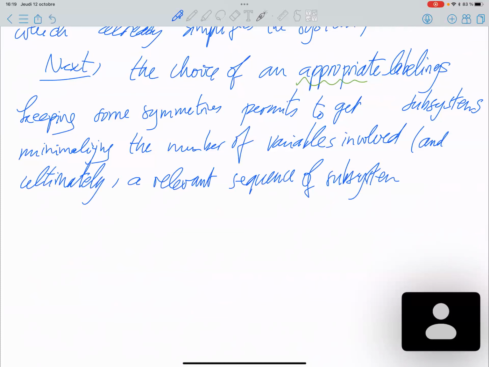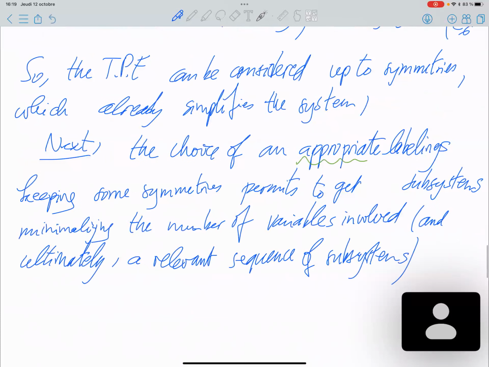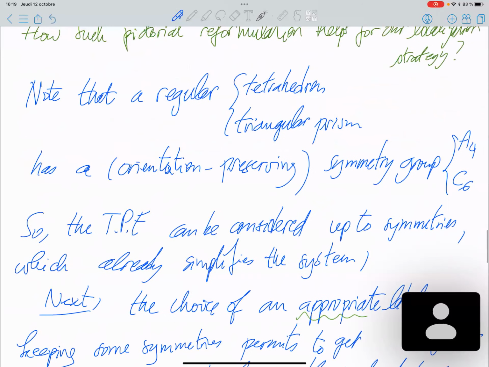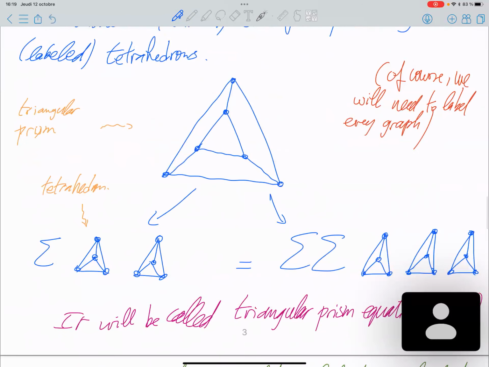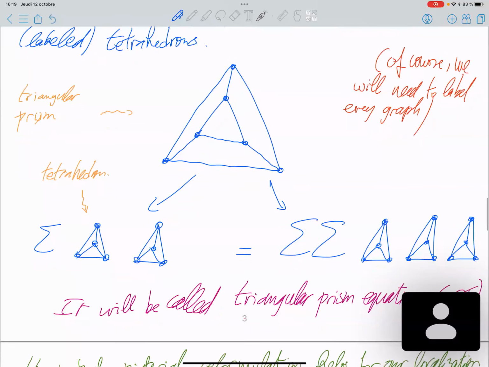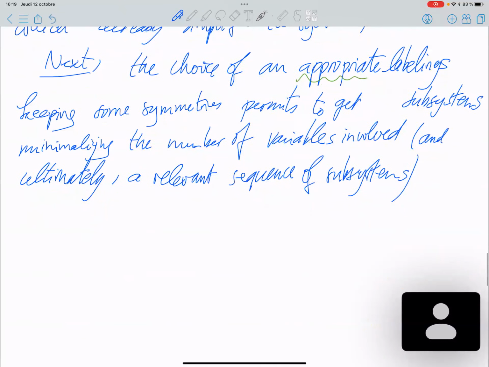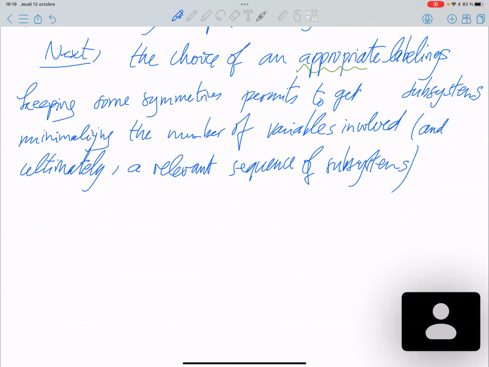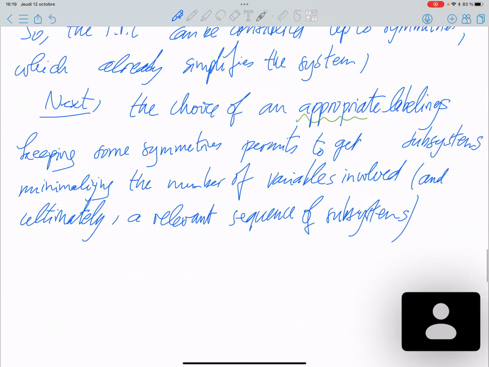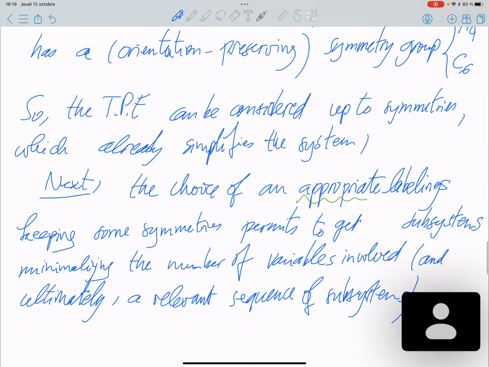So I hope you understood the idea how to get a small subsystem by labeling with as few different labels as possible. So you play with that, and we will prove some results, some theorem about that later in the class. This will be one of the main theorems of the course.